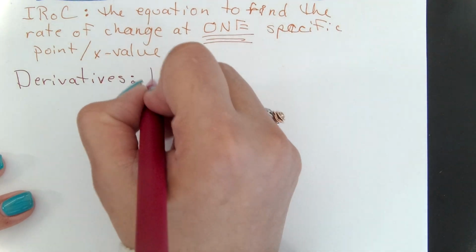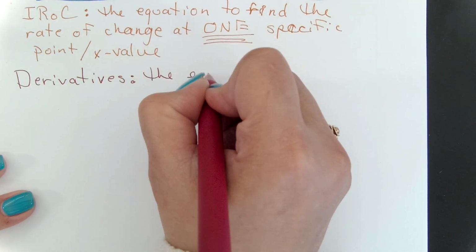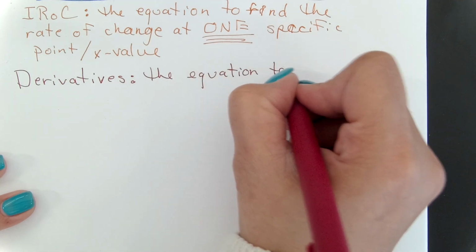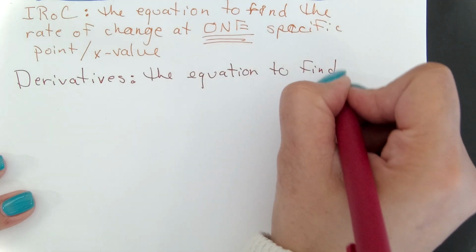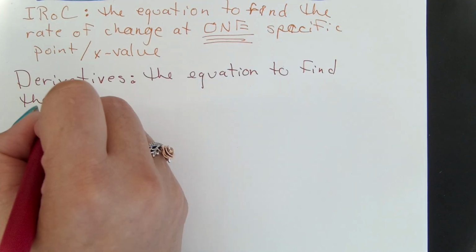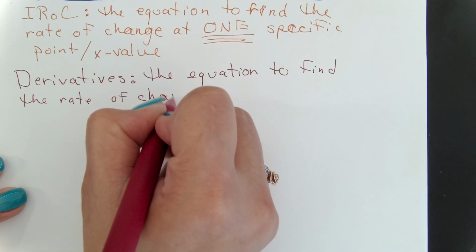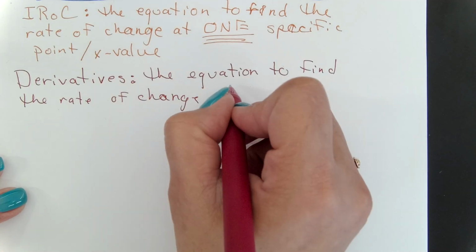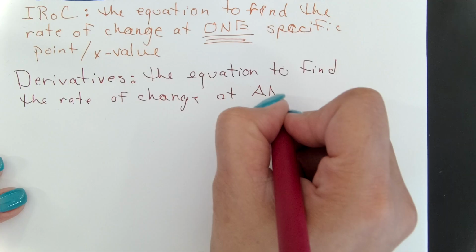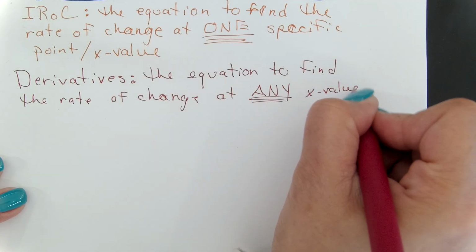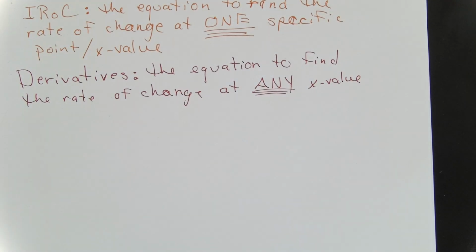A derivative is the equation to find the rate of change at any x value. Any x value.